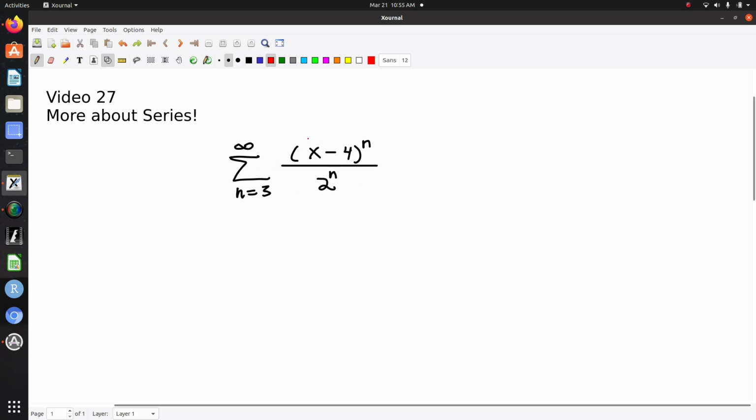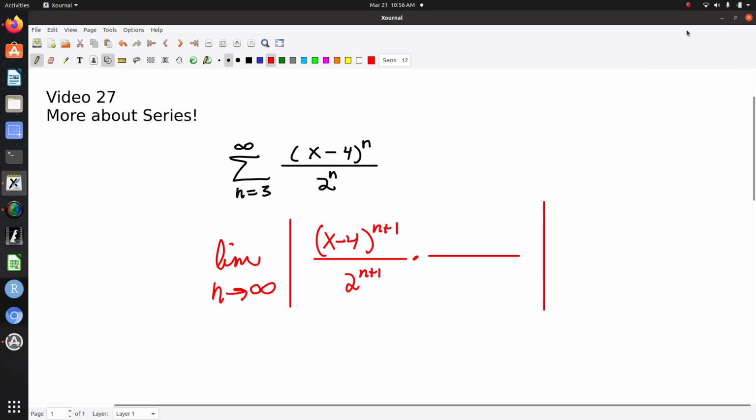We're going to look at this whole bundle as being our a sub n, and we're going to look using the ratio test at that whole thing. Since this is a fraction, I just take the n and hike the n's up by n plus 1, and then the second fraction I flip. Okay, so that's how we would get that kind of situation.